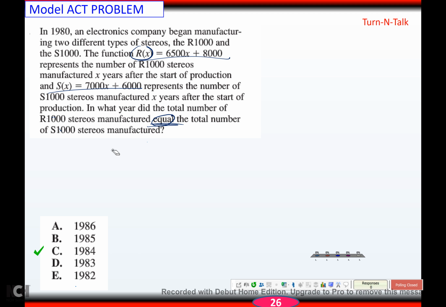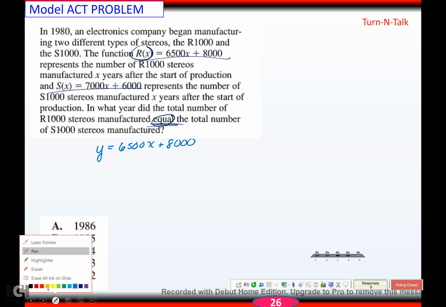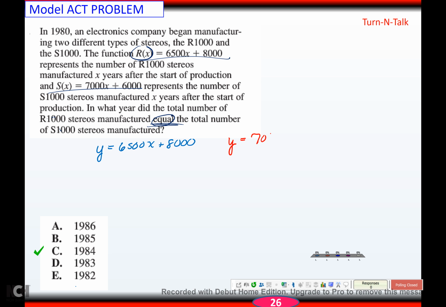My S1000 function, but I'm going to write it with y, is y equals 7000x plus 6000. And I want to know when those two functions are equal.